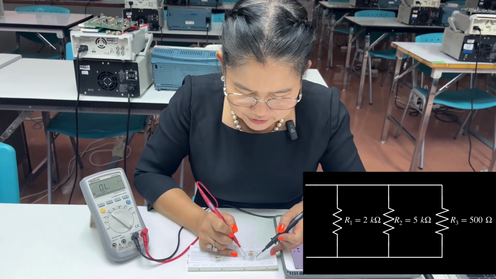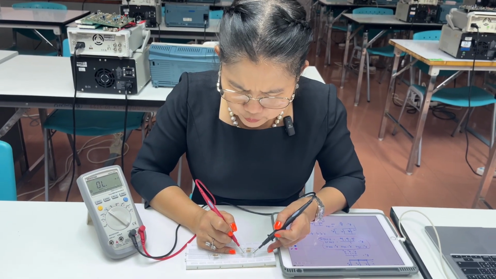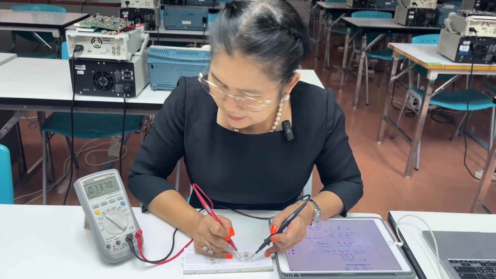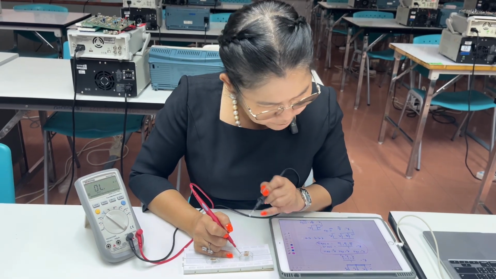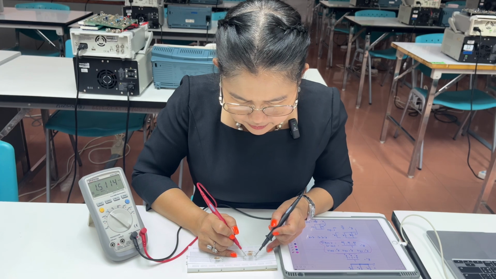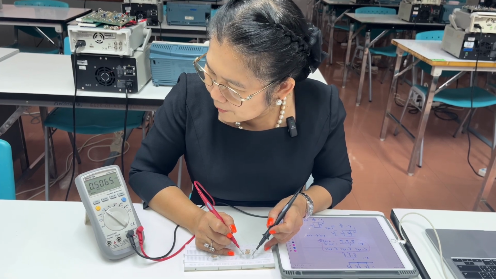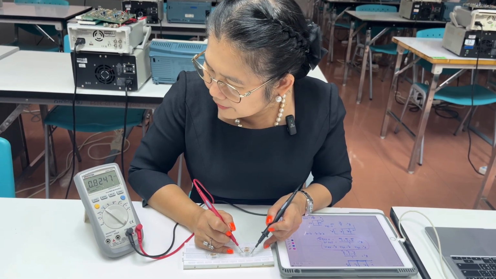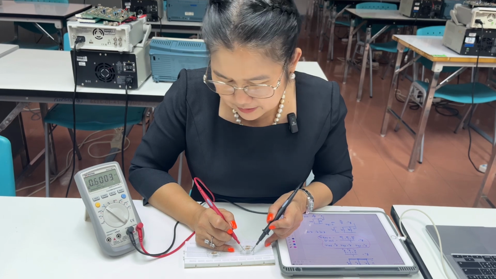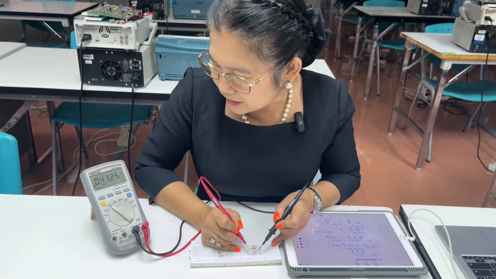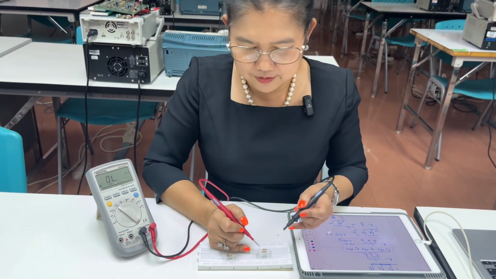Let's see how much we get. We're supposed to get our total right away, and the answer is supposed to be 370 ohms, or 0.37K. I think my hand's shaking, but about 0.37, something like that.